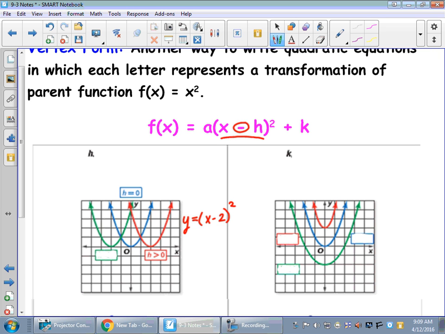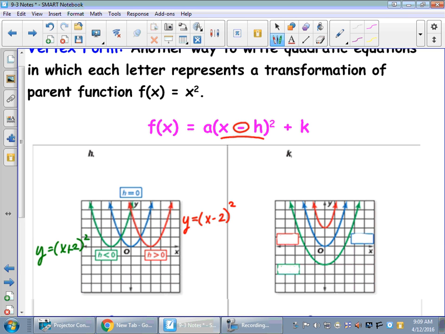Now the green graph is when h is less than 0, or when h is negative. If you plug a negative h into vertex form, you'll have a double negative, and so in this case it shifted 2 units to the left. This would be the equation x plus 2 squared.